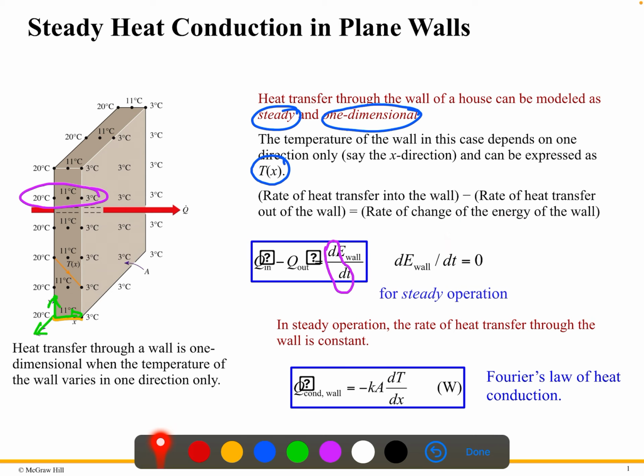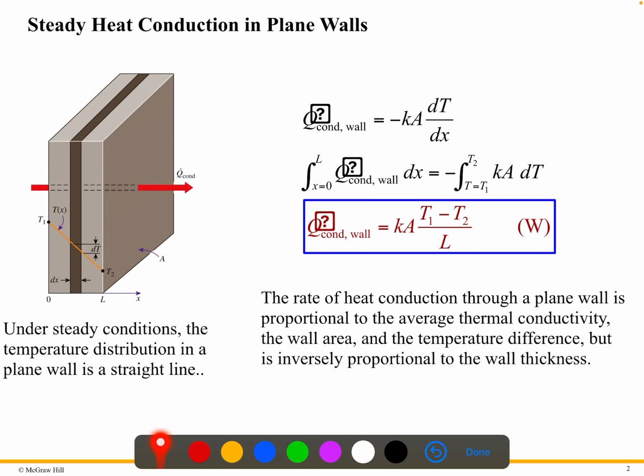From this process, we already know from Fourier's law that this is negative k A delta T over delta x, or dT dx. It is the thermal conductivity, this is the area, the heat transfer surface area, and this is the temperature gradient, the temperature change over delta x. Here we do not need the mathematical calculations.